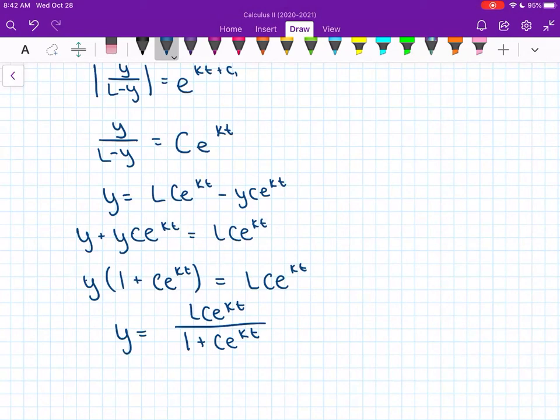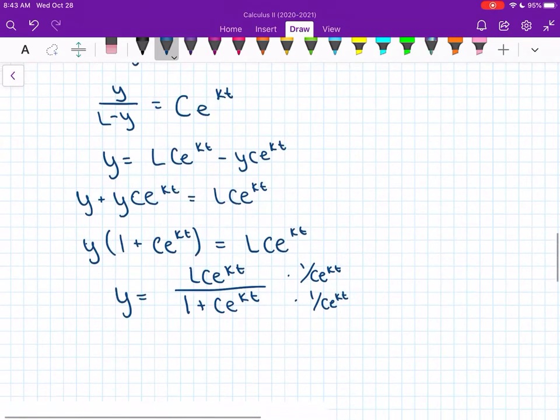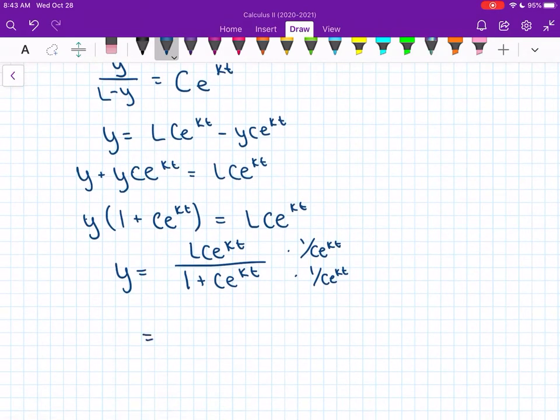Then I have this factor of C e to the kt on both the numerator and the denominator, so let's see if we can write that just one time. I'm going to multiply the top and the bottom by 1 over C e to the kt. On the numerator, I am just going to get L. On the denominator, I can write 1 over C. Let's make that a new constant.